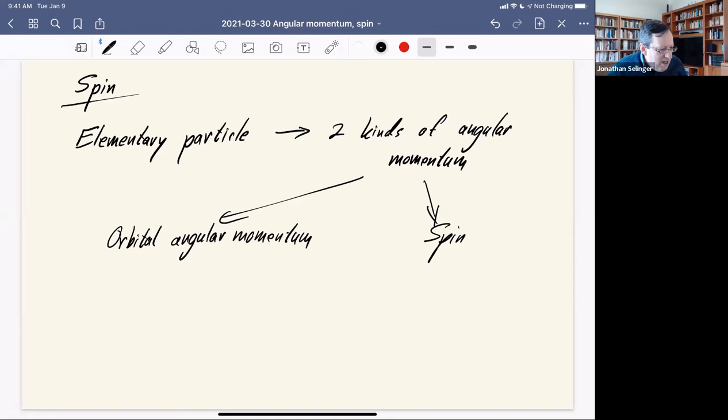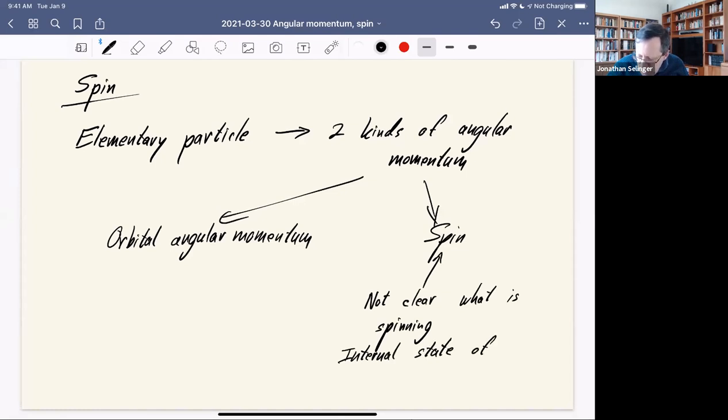the particle is spinning. And so here we call it spin. It's not really clear what is spinning. But still, let's just say it is some internal state of the particle.